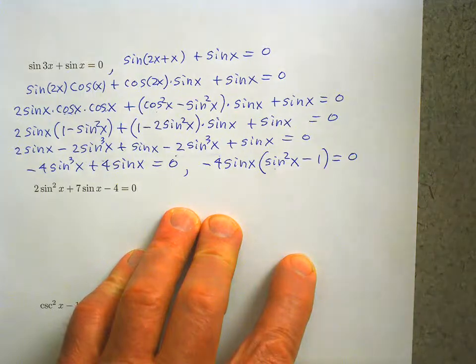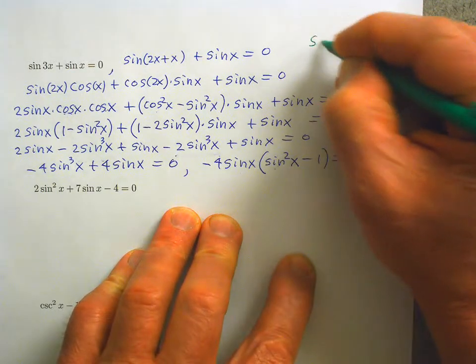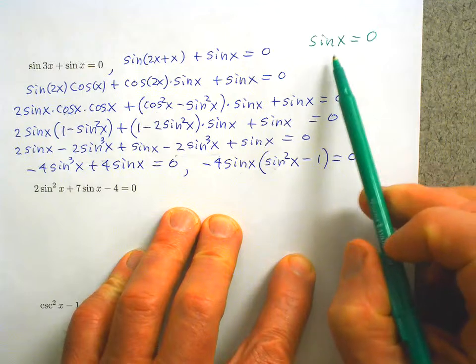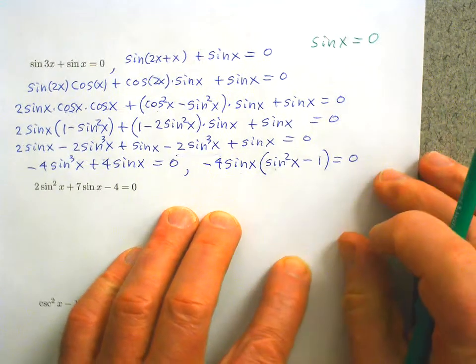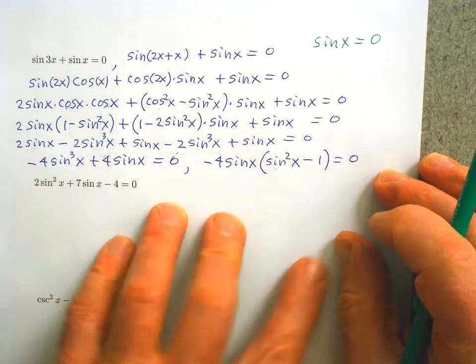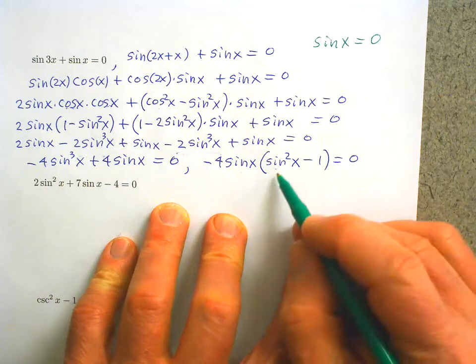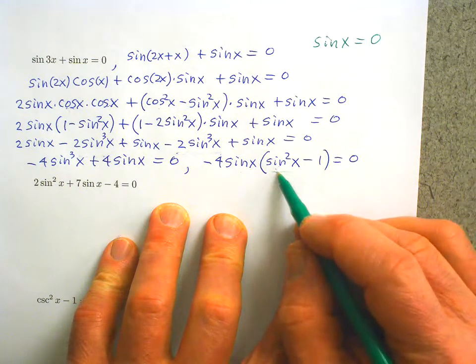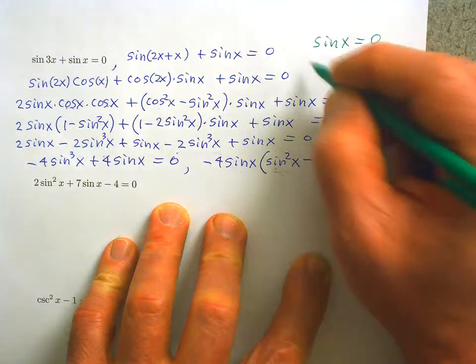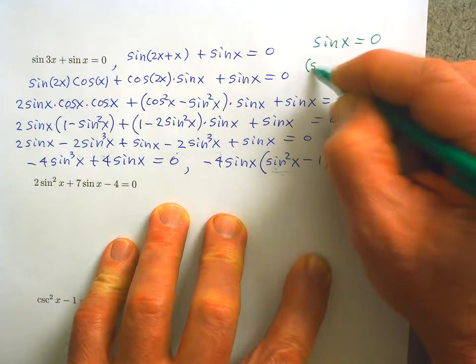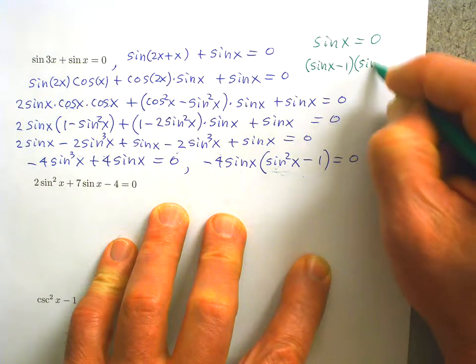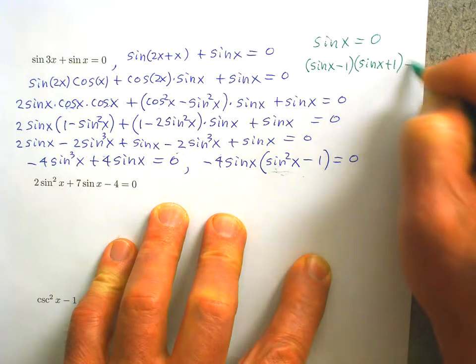So that amounts to sine of x equals 0. So between 0 and 2 pi, that has two solutions. And then the other, we have a binomial factor. Sine of x squared minus 1 is a difference of squares. So sine of x minus 1 times sine of x plus 1 equals 0.